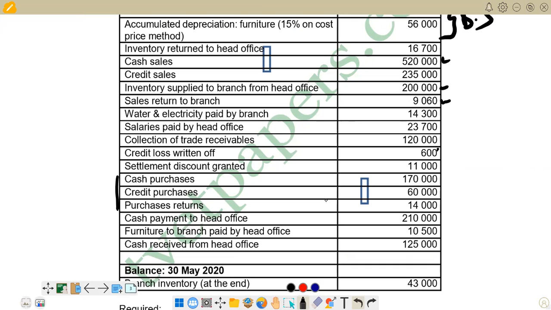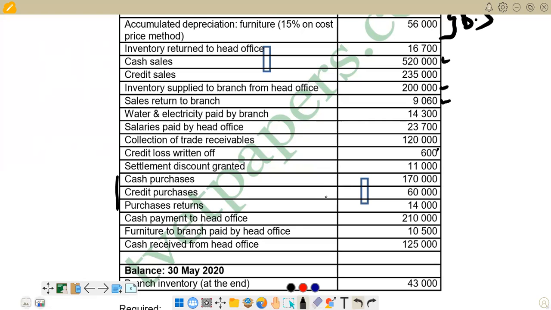Remember, head office is the one which is receiving the money. So we are debiting the head office account, and then we are supposed to credit the branch bank account, because this money is coming from the branch bank account.